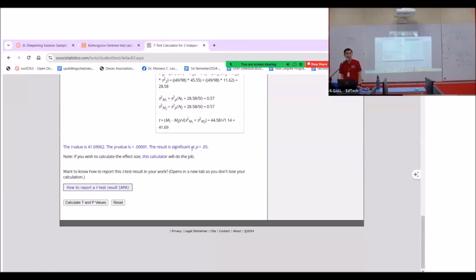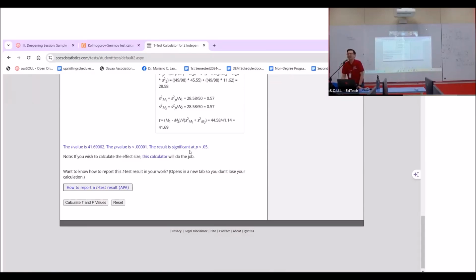So what's the answer to the question? Is there a significant difference between class A and class B? There is a significant difference. You don't say yes in research.